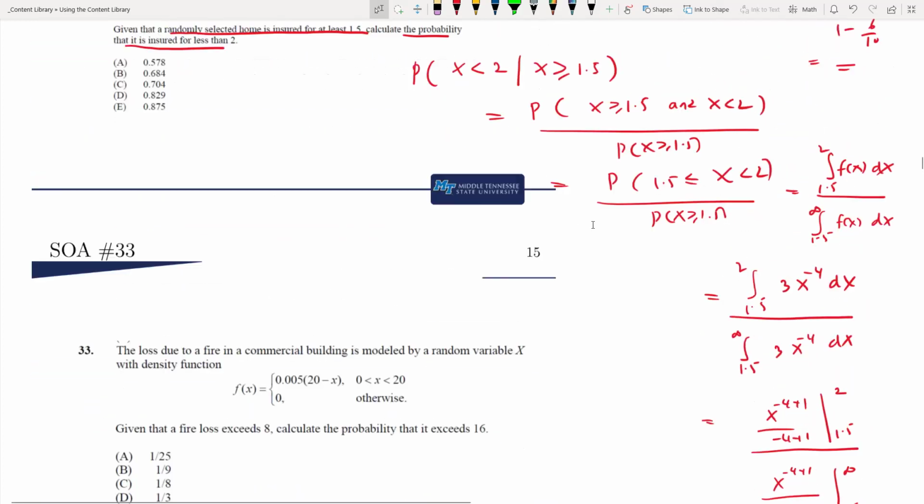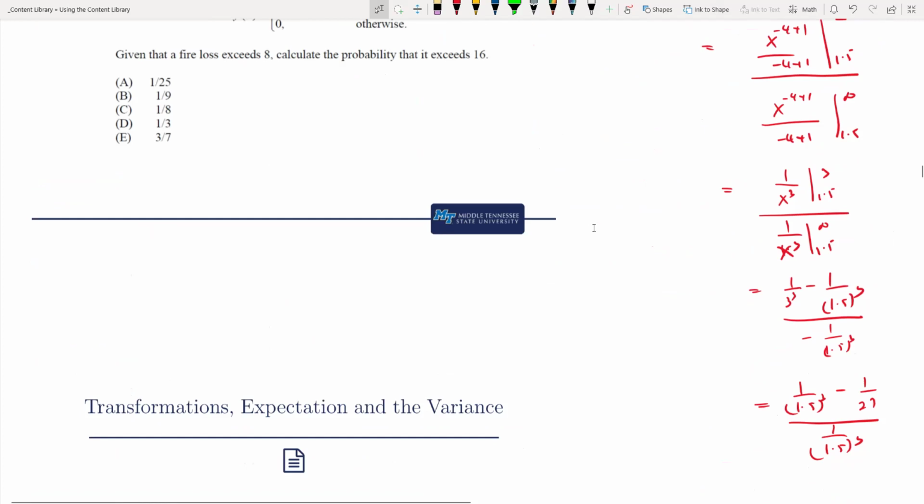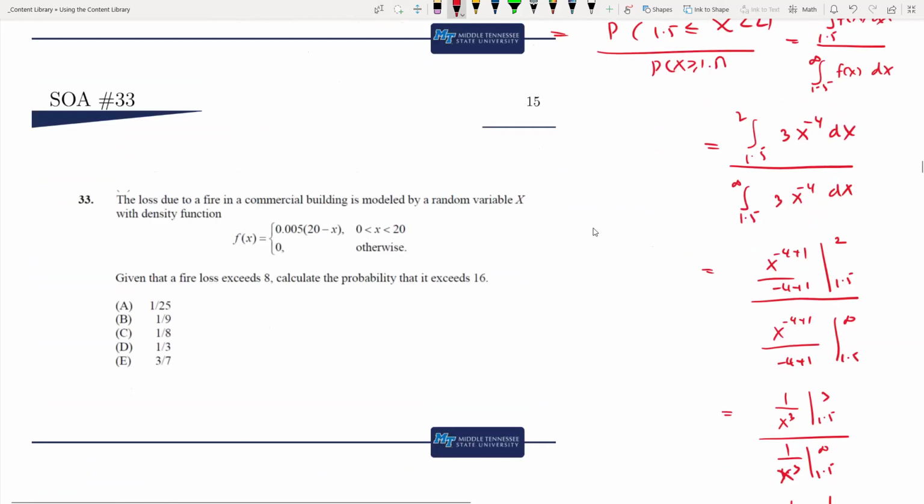They simplify and you can get the answer. So I'm going to skip this problem. Please try it, and if you don't know how to do it, please contact me.